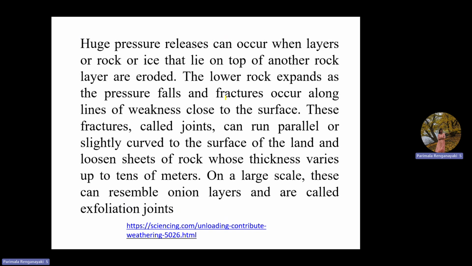These fractures are called joints. These can run parallel or slightly curved to the surface of the land and loosen sheets of rock whose thickness varies up to tens of meters. On a large scale, these can resemble onion layers and are called exfoliation joints.